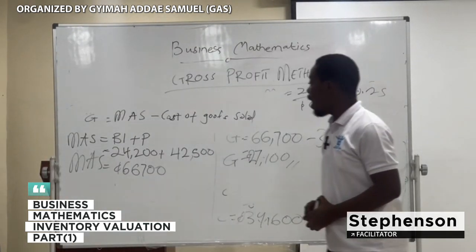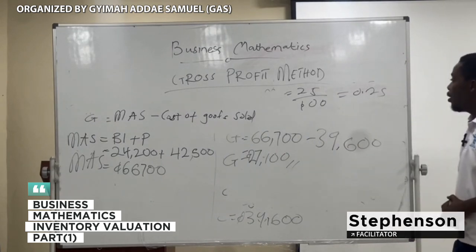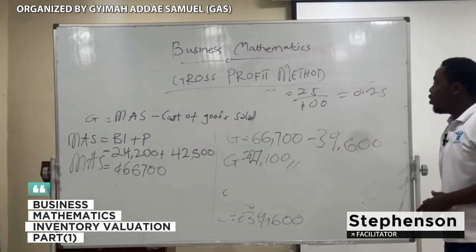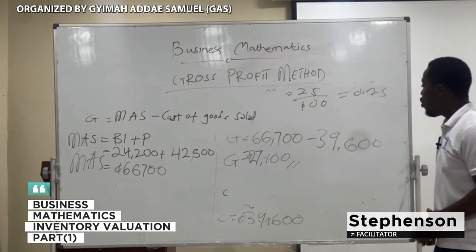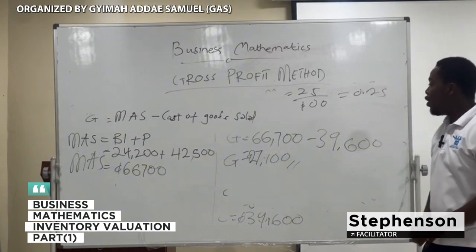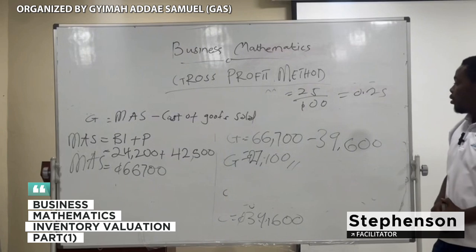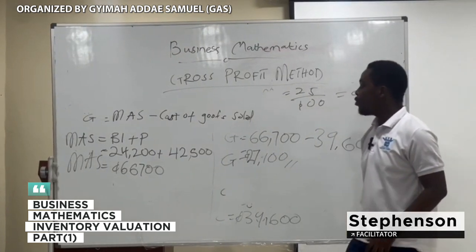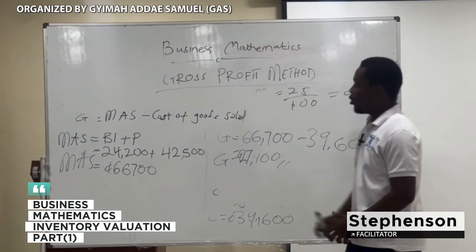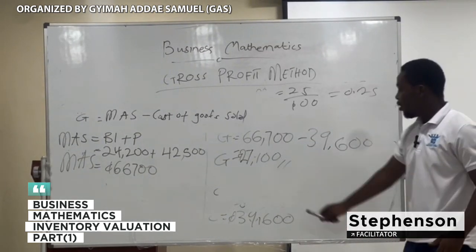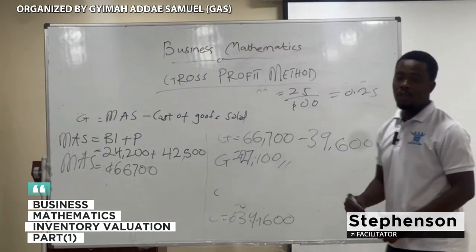So basically, this is how we value our inventory using the gross profit method: you'll be given a rate, you multiply your rate by your net sales, then you subtract that from your net sales to get your cost of goods sold. Then you subtract the cost of goods sold from your merchandise available for sale, and we get 27,100. Let's move on to the next method.